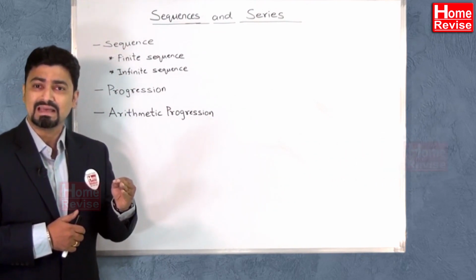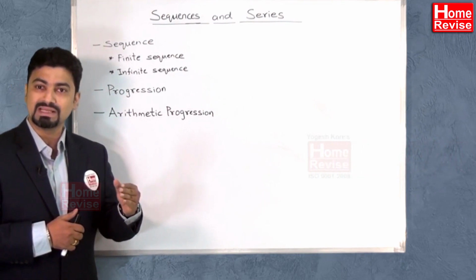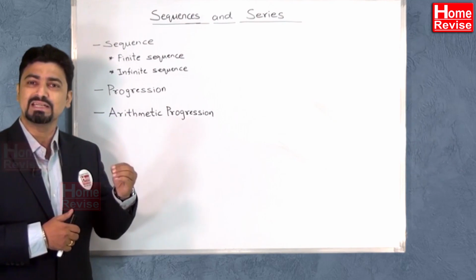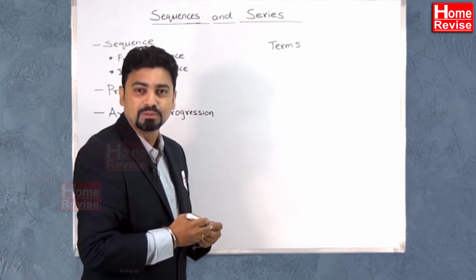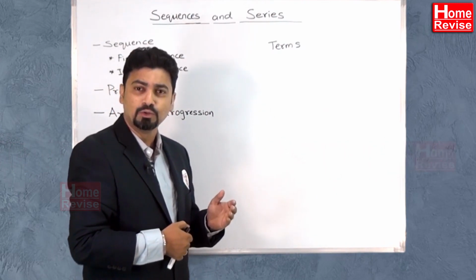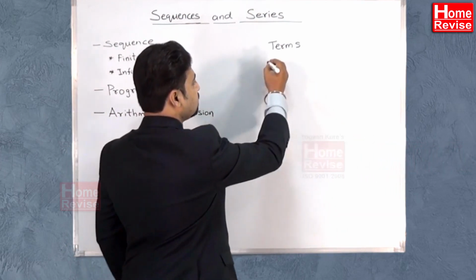Now, sequences consist of numbers. Each number in a sequence is said to be a term. So, we can say that sequences are made up of terms. We can denote these terms by, say, letter T. So, I can say T1, T2, T3, and so on will be the terms of a sequence.